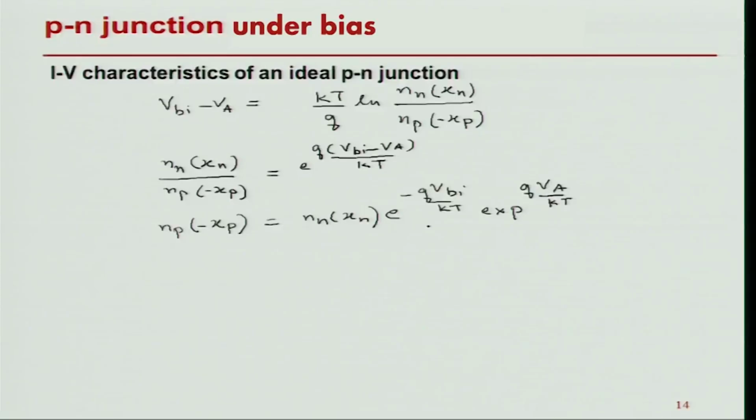That expression was V B I equals k T by q ln of N A N D over n i square, but N A N D, in the approximation that we assumed that all the donors are ionized, is nothing but n in N and p in P. So, I can write it in this form.